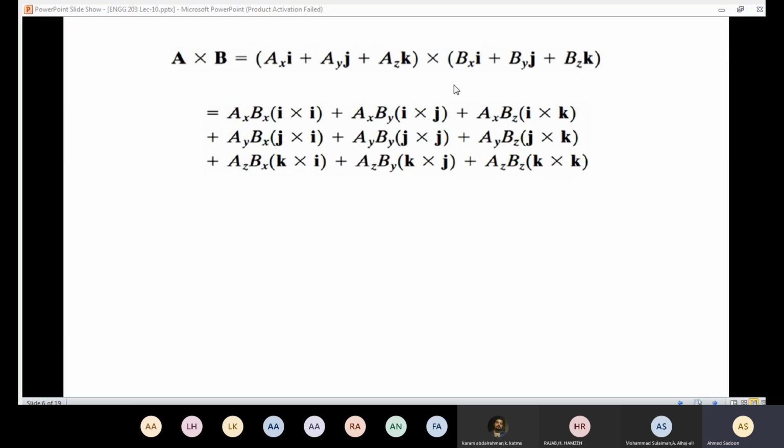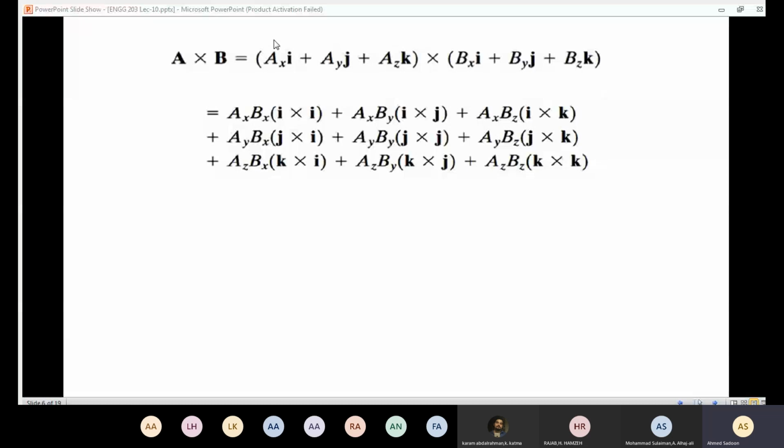So I'm going to say AXI cross BXI, then AXI cross BYJ, and then AXI cross BZK. So I'm going to distribute that part to that part and that part and that part, because the cross product obeys the distributive law. And I'm going to do the same thing for that part and that part.